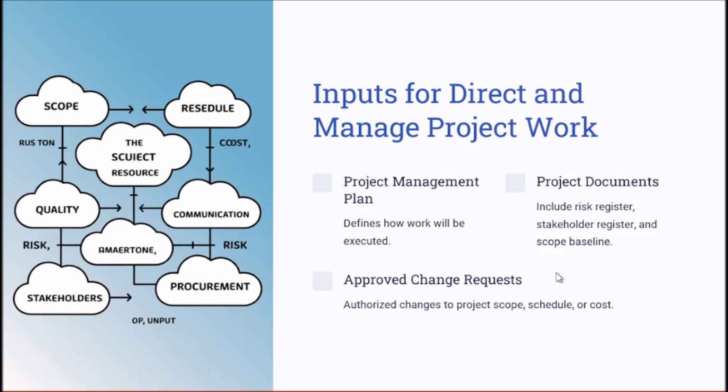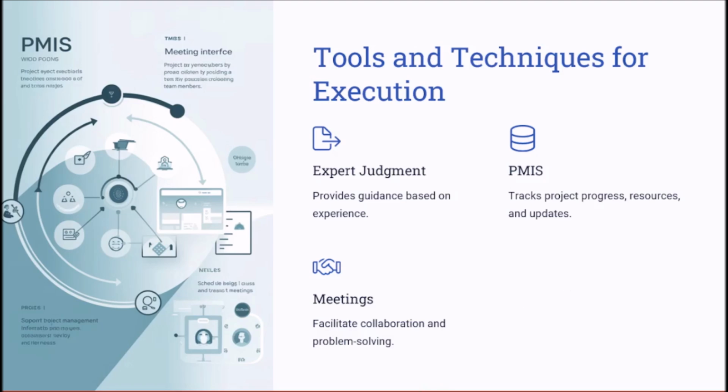Now let's understand the tools and techniques involved when managing and directing the project work. Tools and techniques are important for ensuring that work is executed efficiently. Expert judgment helps in decision making by leveraging the expertise of seasoned professionals.